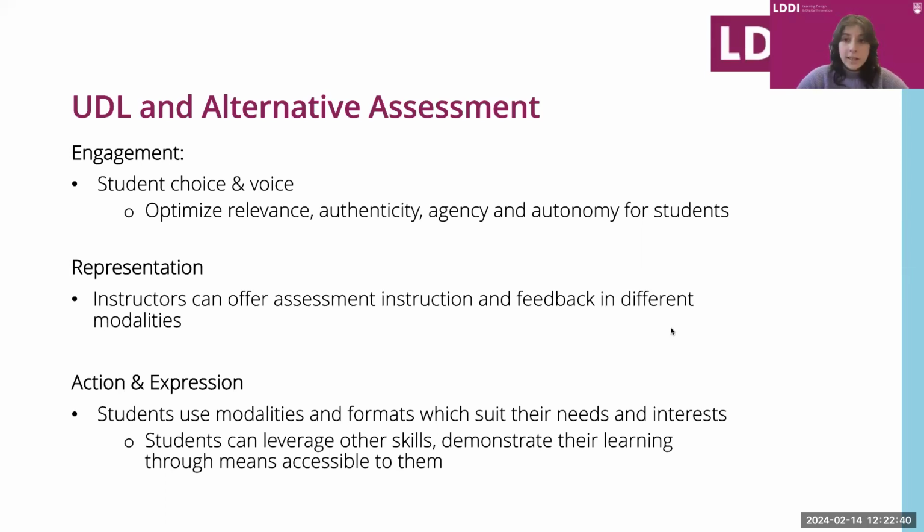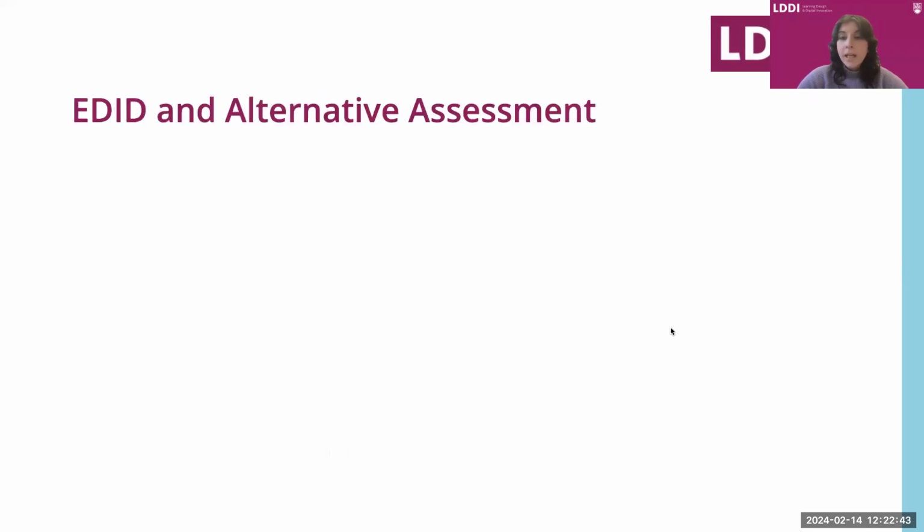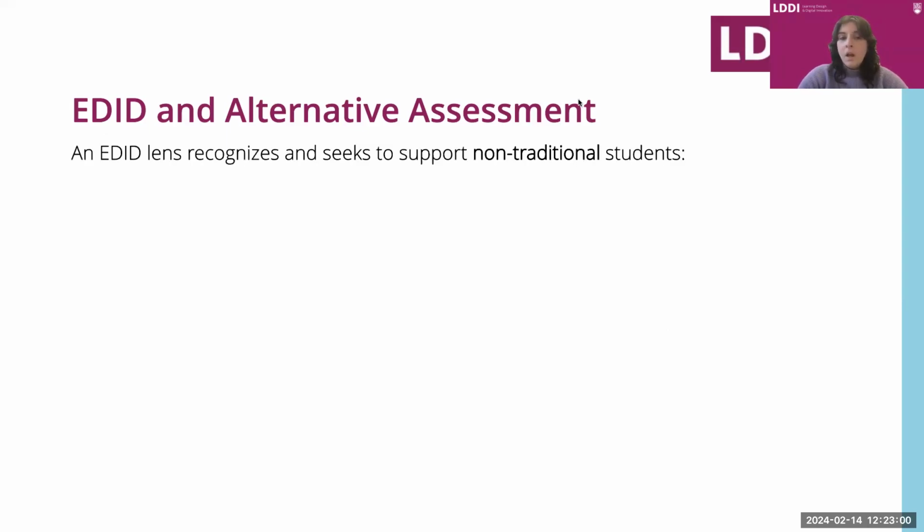So UDL, as I said, is a really good starting point, but as has been accepted not only by a lot of folks using UDL, but by CAST, the organization which originally developed the framework, UDL is pretty lacking in terms of equity, diversity, inclusion, and decolonization. And so alternative assessment through an EDID lens recognizes and seeks to support non-traditional students. We're definitely living in a time where there are more and more non-traditional students than ever in our post-secondary spaces.